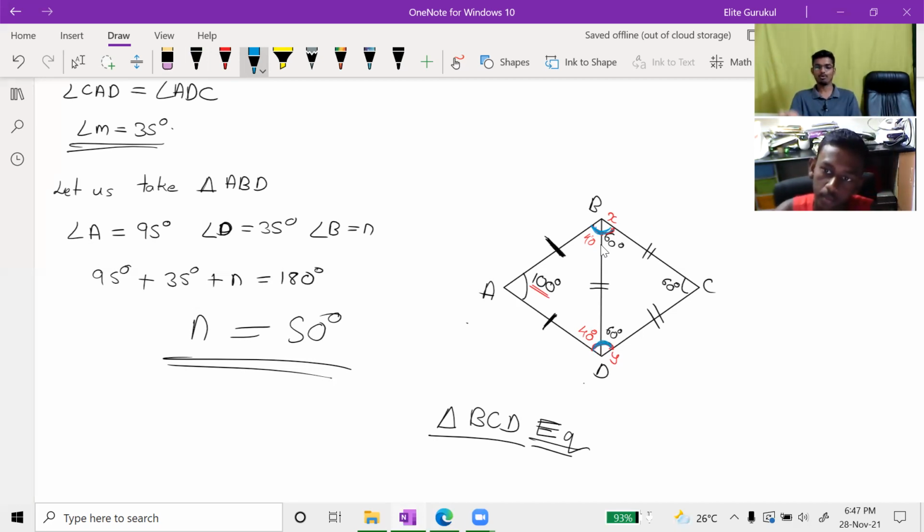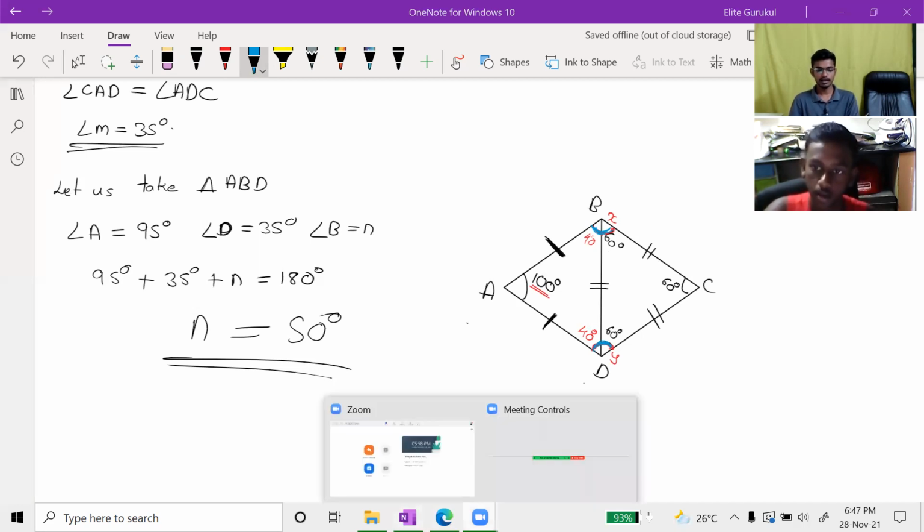Same, I know, but what will be the measurement, beta? We know that both are same because 60-40, 60-40. But tell me, what will be the measurement of X and Y? Sir, 100 degree.